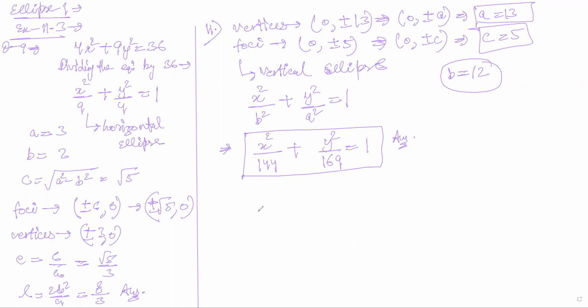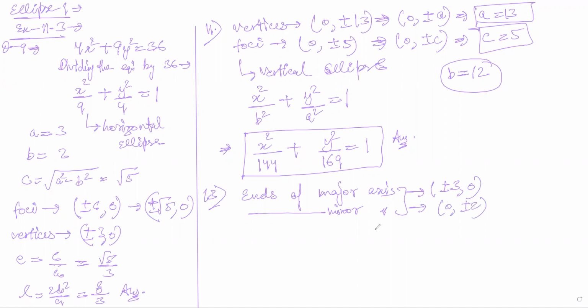Yeah, Maz, will you tell me? Ends of major axis and ends of minor axis are given. So what is the information that we have? Sir, A and B are given.